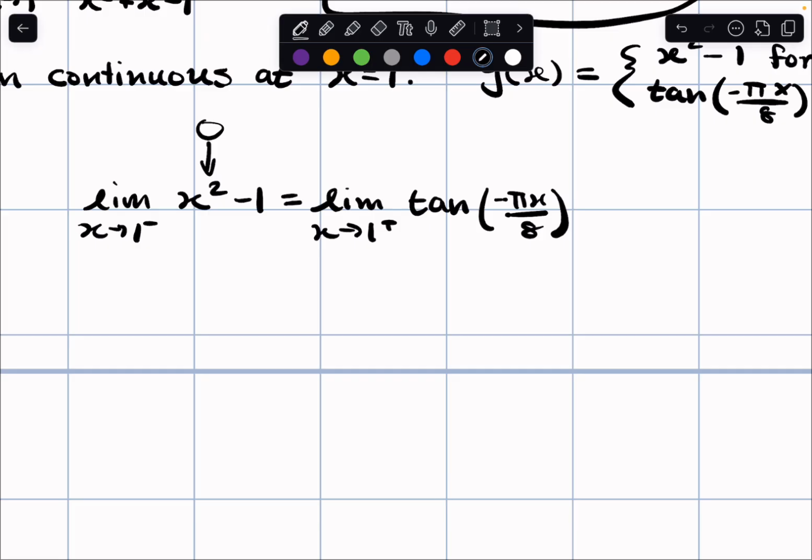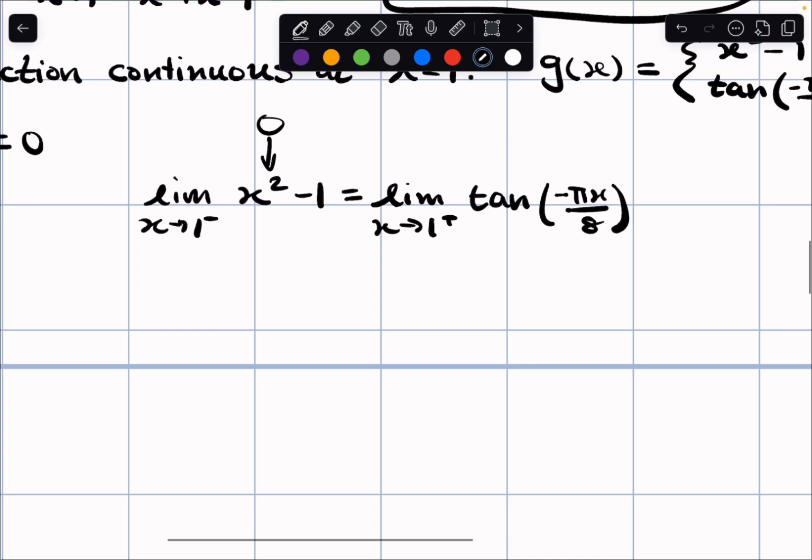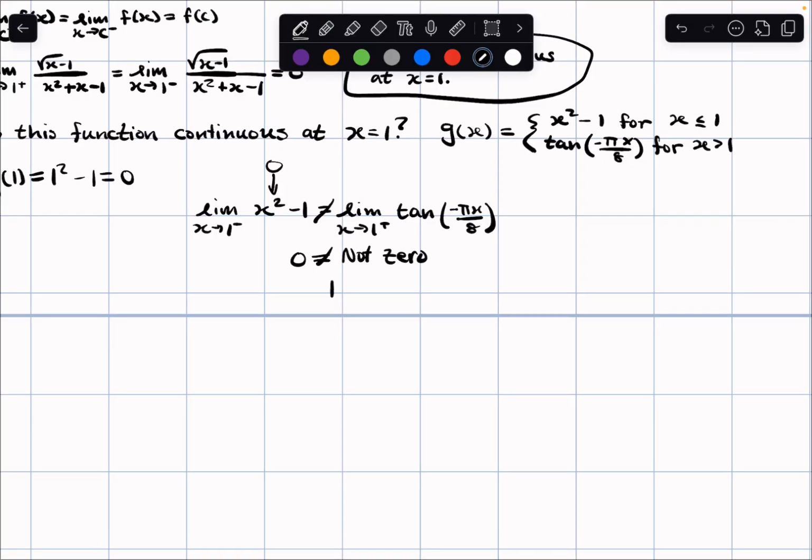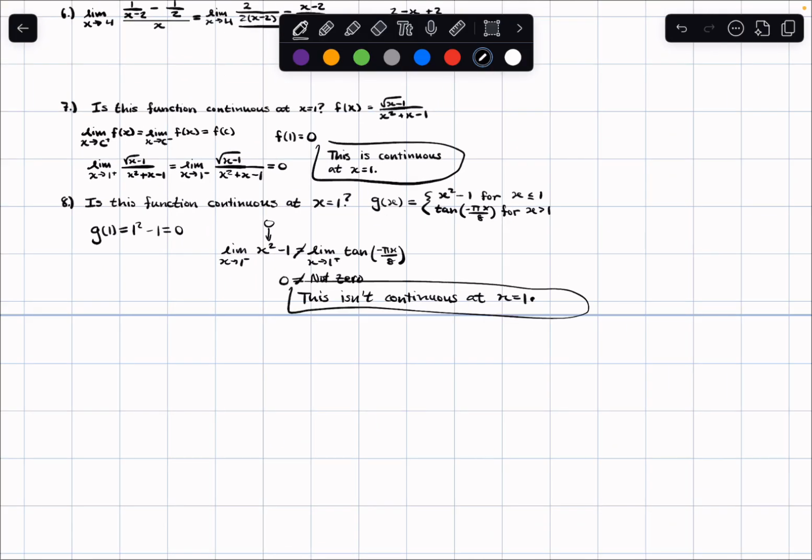It's only 0 when the angle is equal to 0 or pi. So this does not equal 0. So 0 does not equal not 0. We don't have to evaluate it, but we know it's not 0. Therefore, this isn't continuous at x equal to 1. Okay, so this is our conclusion.